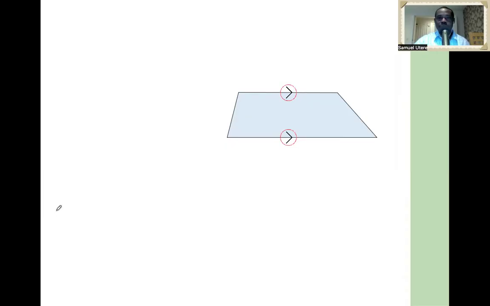But another thing we need is the perpendicular height. So the facts we need to find the area of any trapezium are: we must know the pair of parallel sides and we must know the perpendicular height between those parallel sides.